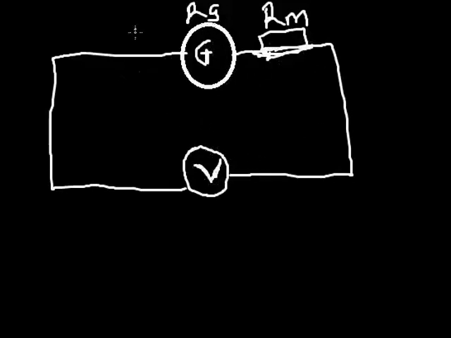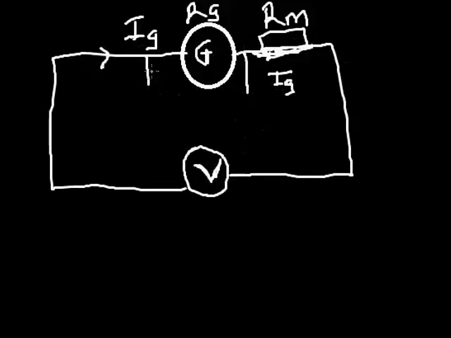So what is the whole idea? Remember, the galvanometer still needs to take only the maximum current, which is Ig. And since both the multiplier and the galvanometer are connected in series, the same current Ig that's passing through the galvanometer is what will also pass through the multiplier. Now this voltage from the voltmeter will be divided.